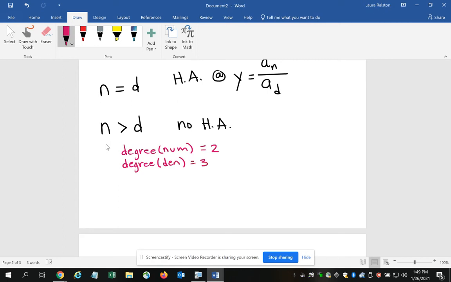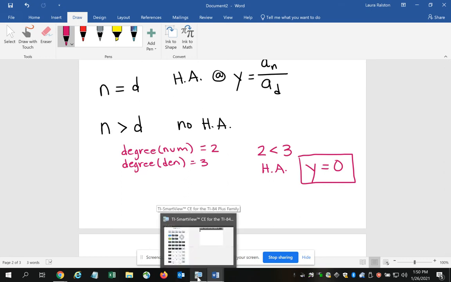So if I compare those two numbers, 2 is less than 3. Since 2 is less than 3, I know there's a horizontal asymptote that will occur at y equals 0, which is the x-axis. Now, sometimes the graph may give you some insight into this. Sometimes it doesn't because of the asymptotes, it sometimes will do funky things.